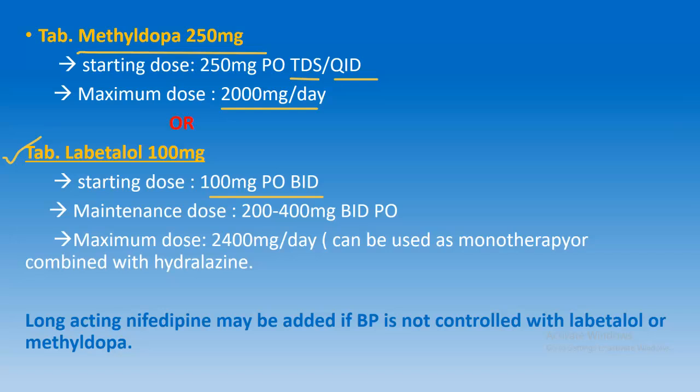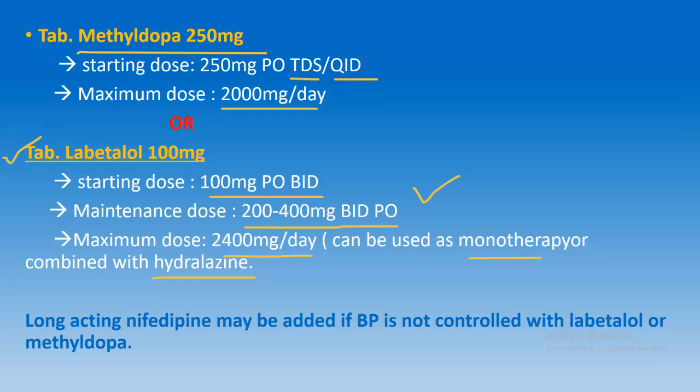The maintenance dose should be between 200 to 400 mg BID per oral, and the maximum dose is 2400 mg per day. It can be used as monotherapy or combined with hydralazine. So labetalol can be combined with hydralazine for the management of hypertension if it is not managed by labetalol alone.